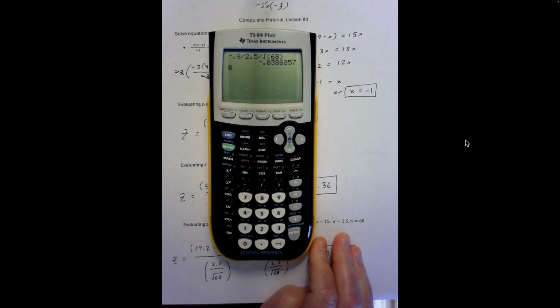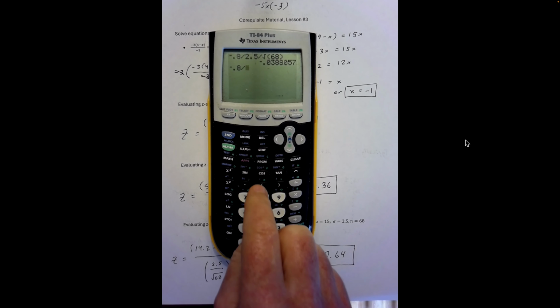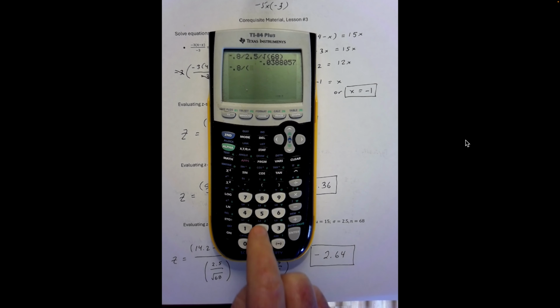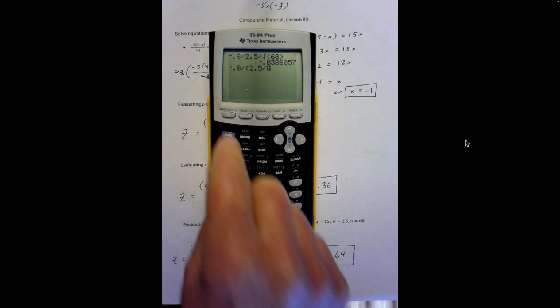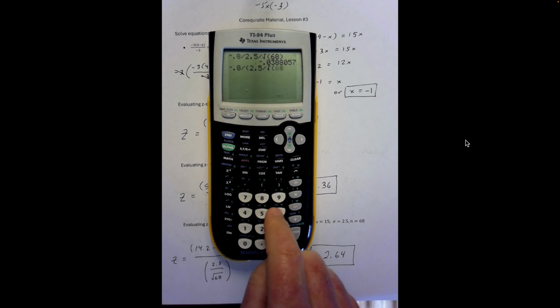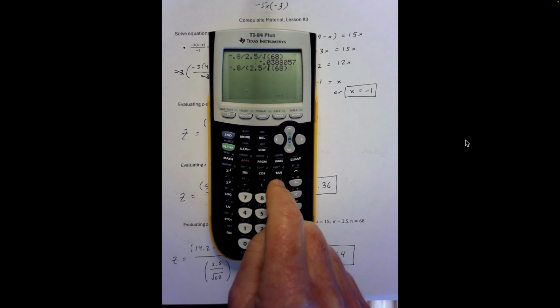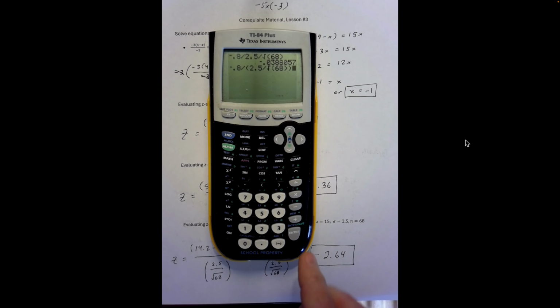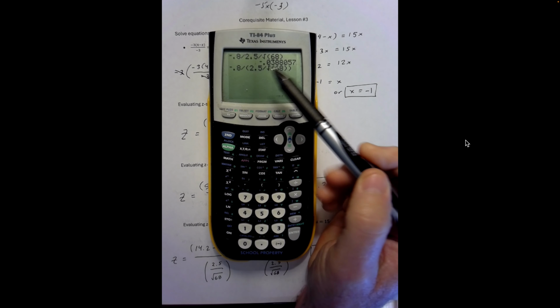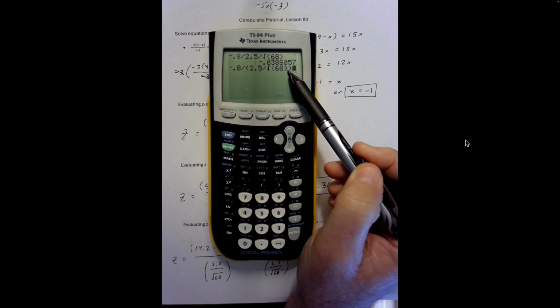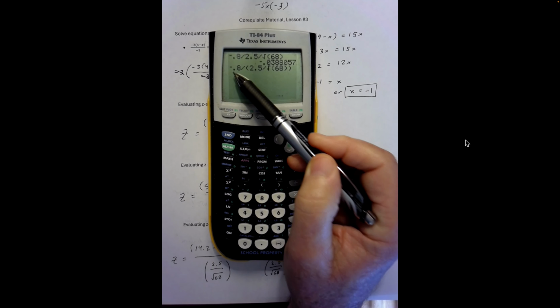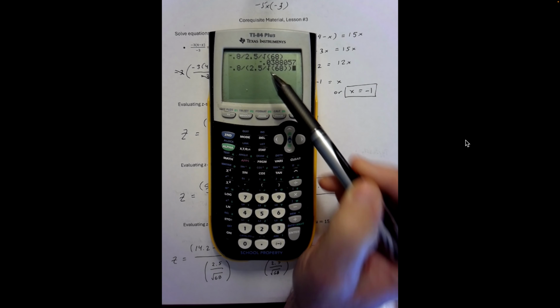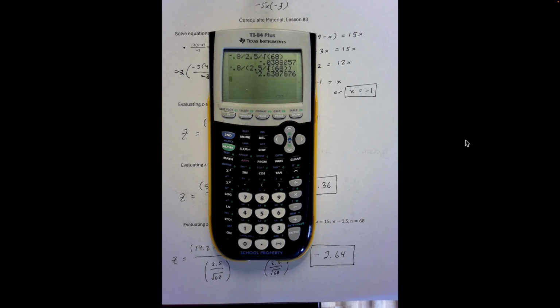We want to take negative 0.8 divided by the quantity 2.5 divided by the square root of 68. In this case, the calculator is going to perform the denominator calculation first, then take negative 0.8 divided by whatever that is calculated to be. So in this case, we get the correct answer, rounded, of negative 2.64.